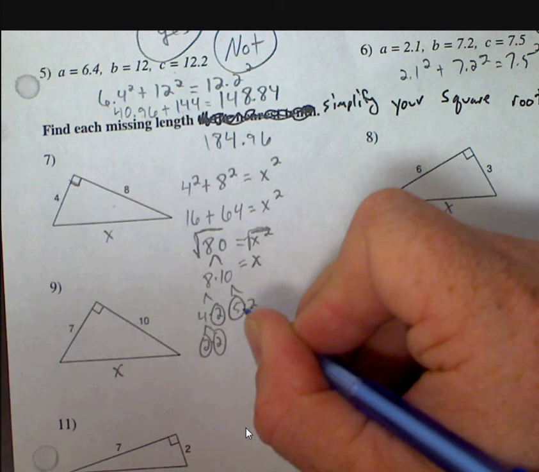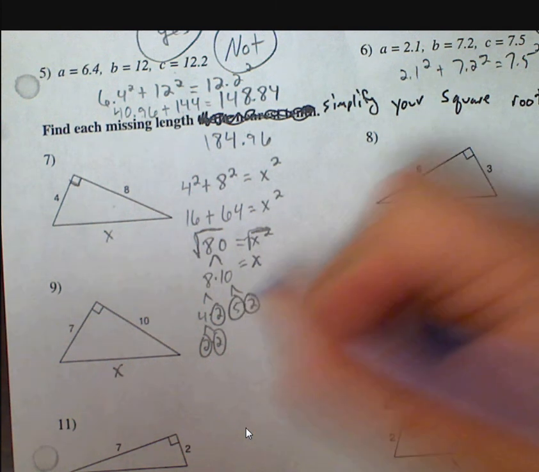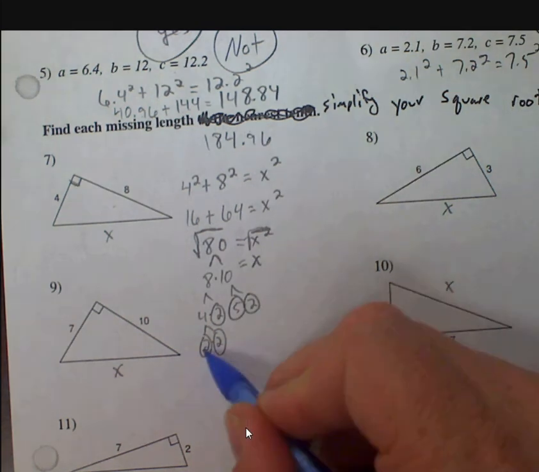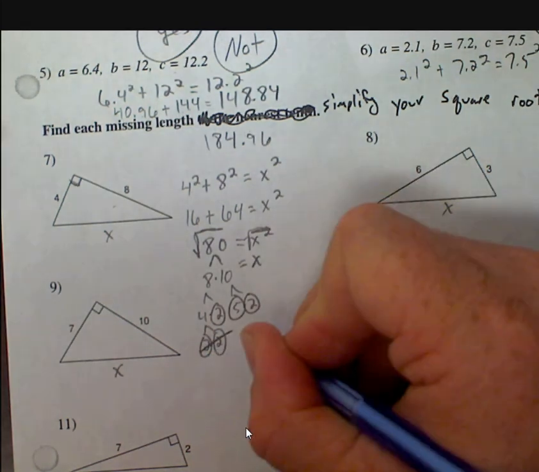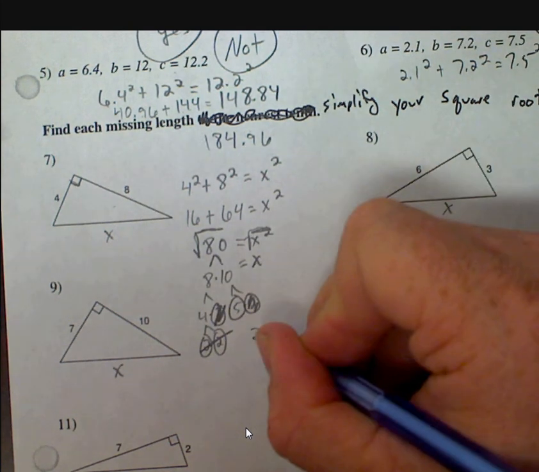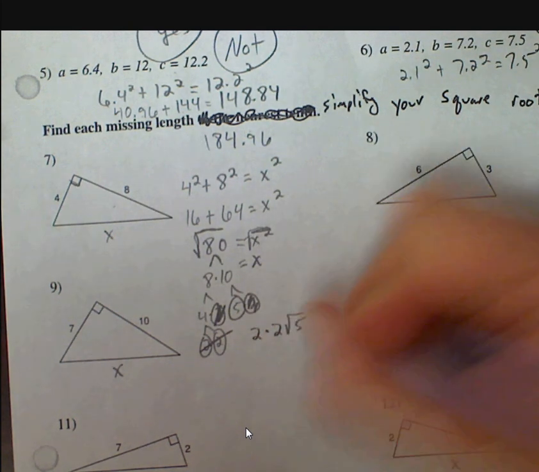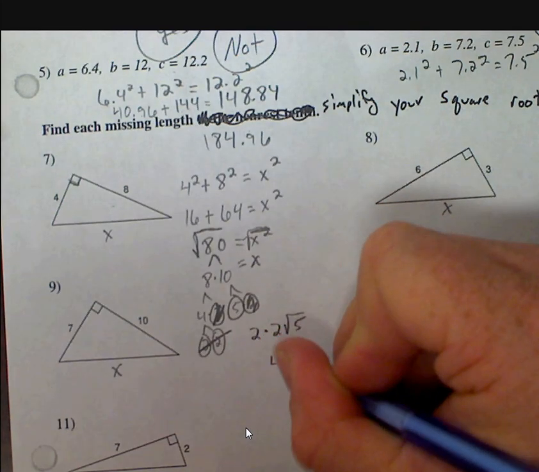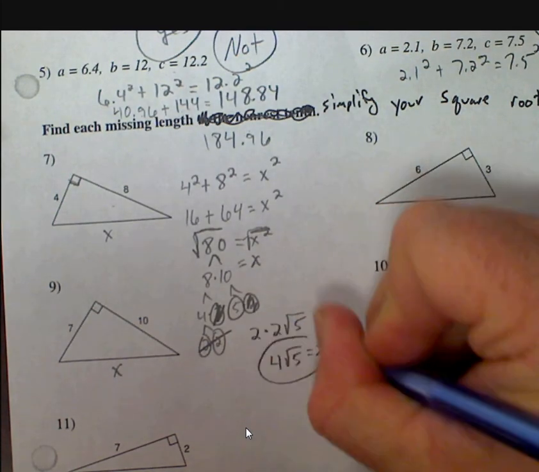I can't break down 5, and I can't break down 2. So now I'm looking for pairs. My pair would be 2 and 2, that goes on the outside. Square root 5 stays on the inside. 2 times 2 is 4, so 4 square root 5 would be my answer.